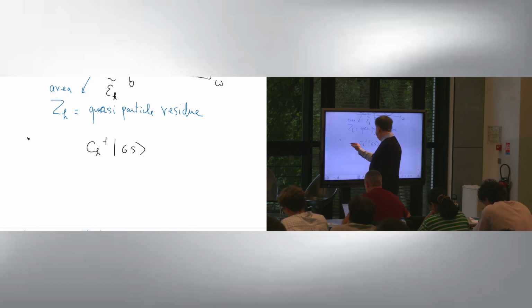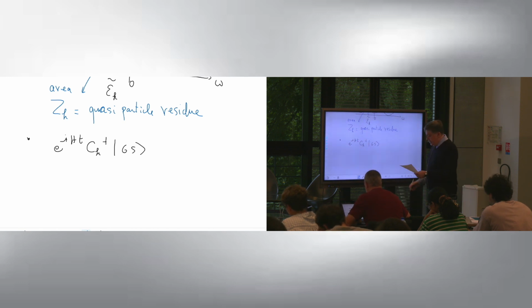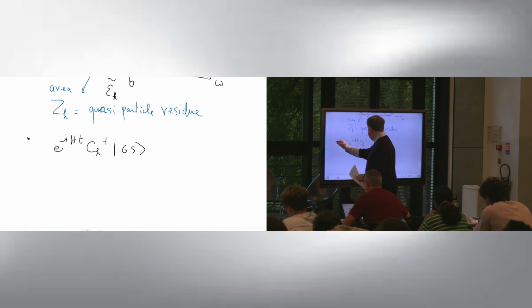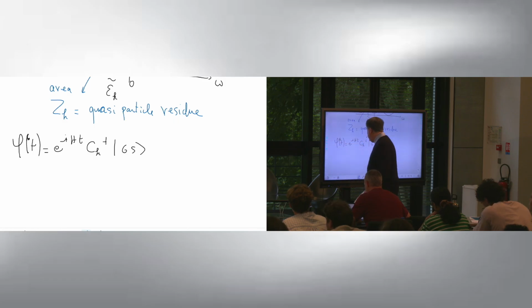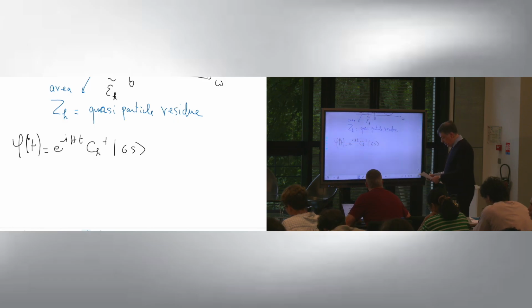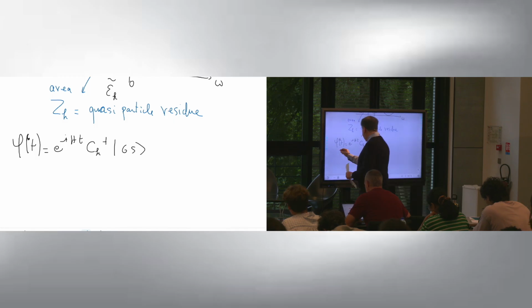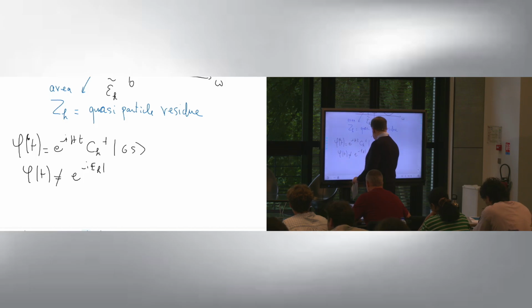Then you time evolve it, and that's going to be some state, phi of t. And phi of t, because of interaction, is not simply a phase times c dagger t ground state.